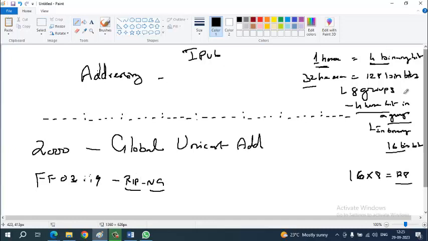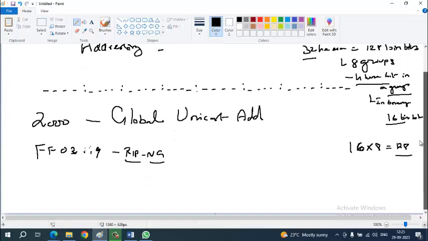Now, along with that, there is another new address type called link local address type, which will always start with FE80. Don't forget this. It will always start with FE80. We call this link local. FE80.